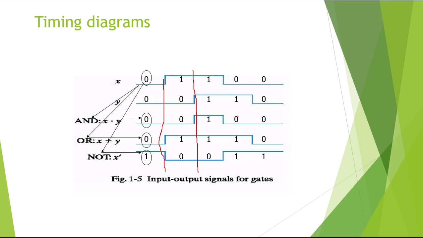One of them is 0, so AND is 0, but the OR gate output is 1, and because we are taking the complement of X, it is 1. In this way we can write a timing diagram of any gate or circuit given to us, in which first we represent our inputs, where lower level means 0 and higher level means 1, and then we represent our outputs depending on these inputs.